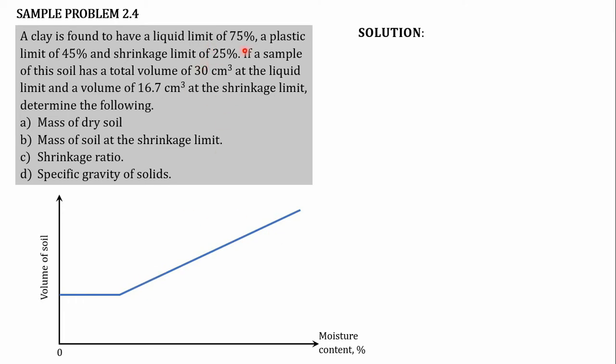At 75%, assume lang natin, nandito yan. At 75%, this is our liquid limit. And then, yung plastic limit natin is 45%. So, 75, 45 is nandito siya. Therefore, this will be the plastic limit at 45%.